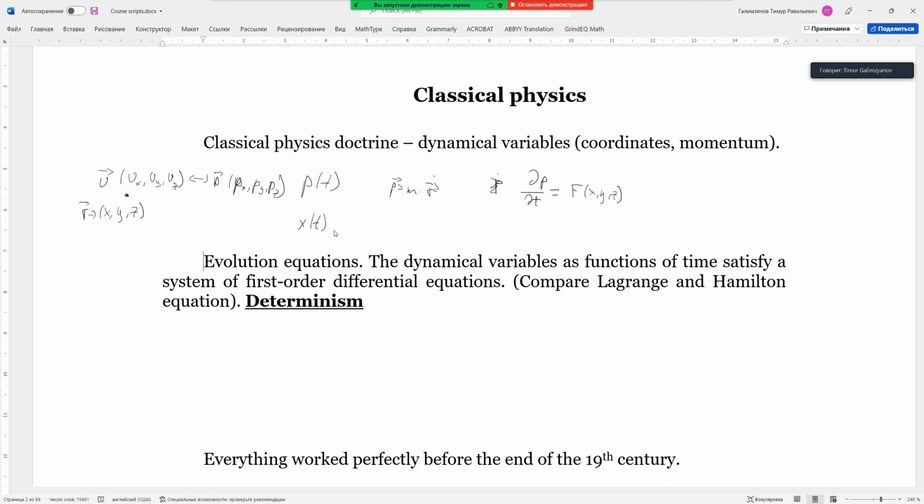In the real world, even if we do not think about quantum mechanics, the real world is a bit complex, because the real world consists not of one or few particles. It consists of, let's say, 10 to the 25, 10 to the 30 particles. You can write down the equations of motion for these particles and solve these equations.